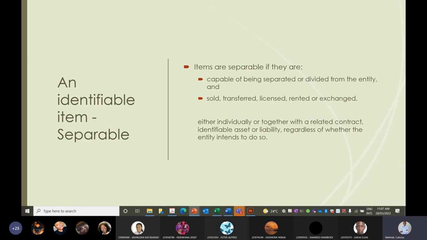It was not able to be separated from the machine. You cannot use the machine without the software, right? So it's not separable. But if you could sell the software separately, or rent it out separately, then that would be an intangible asset.